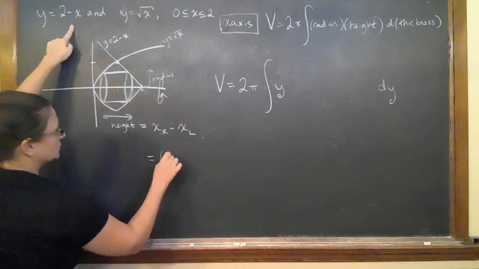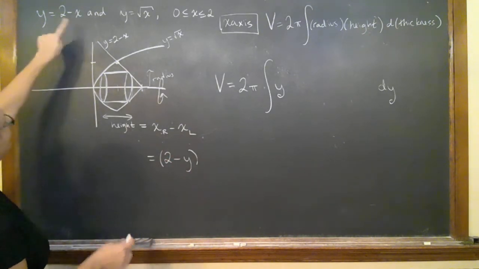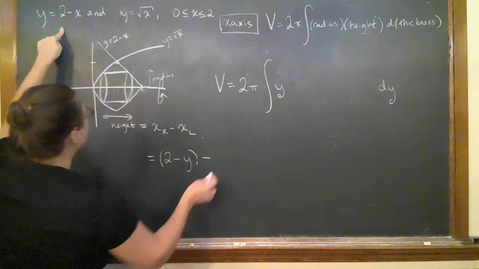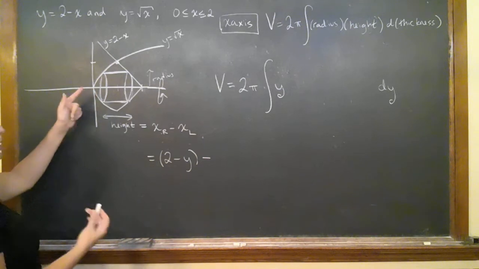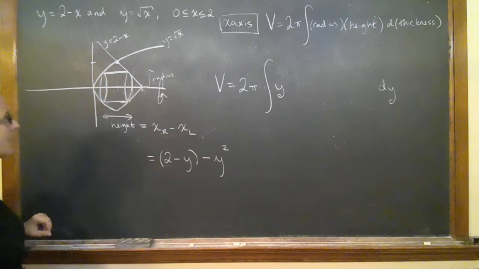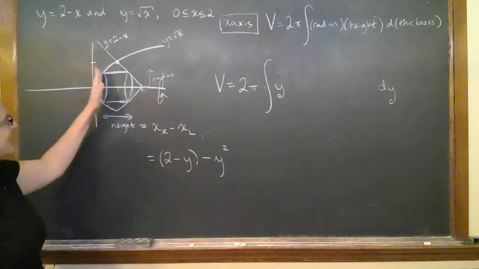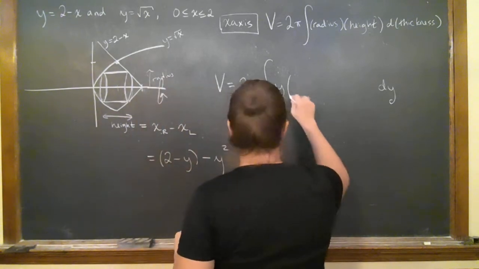I'm sorry, 2 minus y. Let's get it right. And so if I put that over there, that way I get 2 minus y. And then my left curve is y equals square root of x, or x equals y squared. So that's going to be the height. I do have to think about it as the difference of the two curves. So I'm going to put this in here.